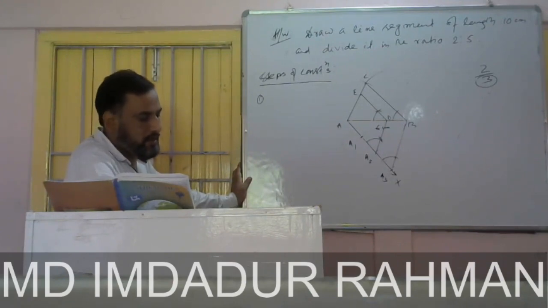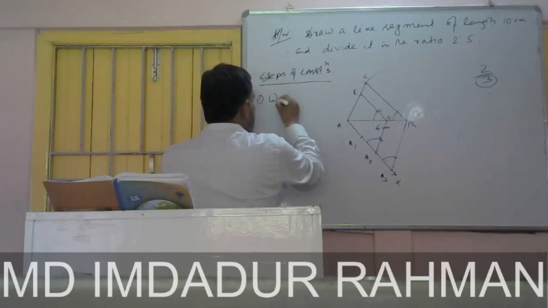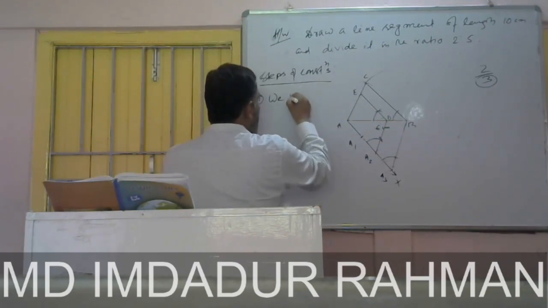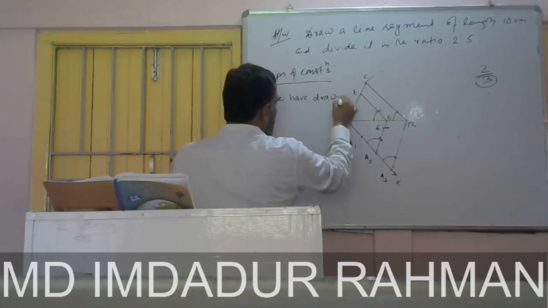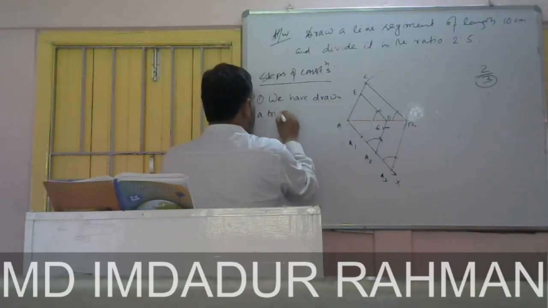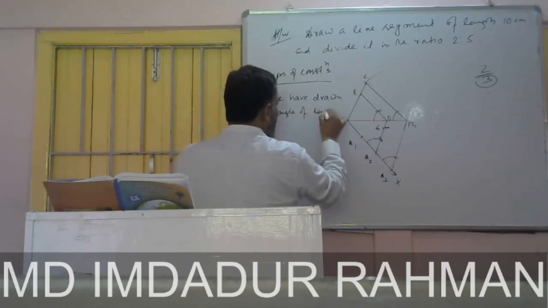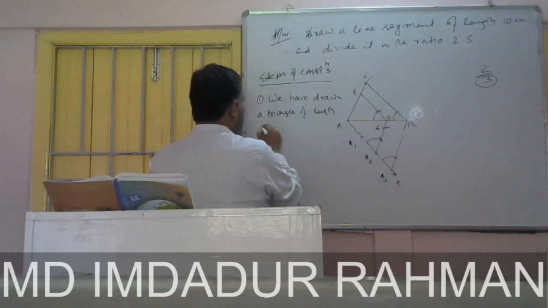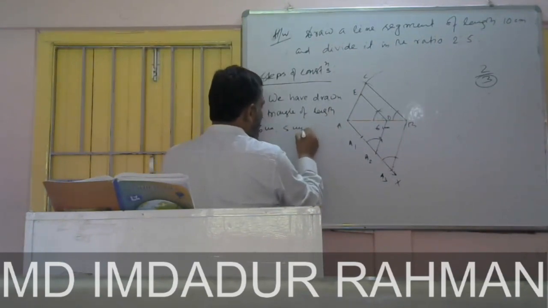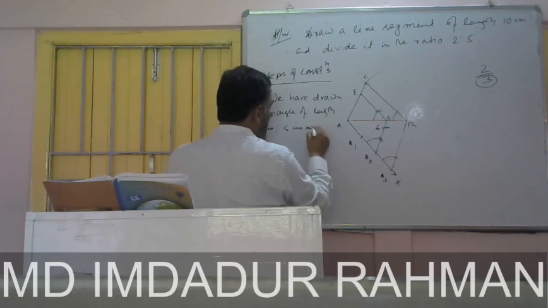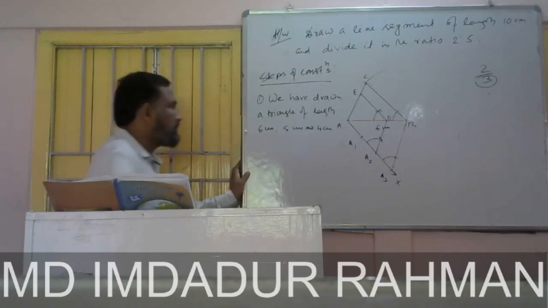For that, we have drawn a triangle of length 6 cm, 5 cm, and 4 cm. Okay.